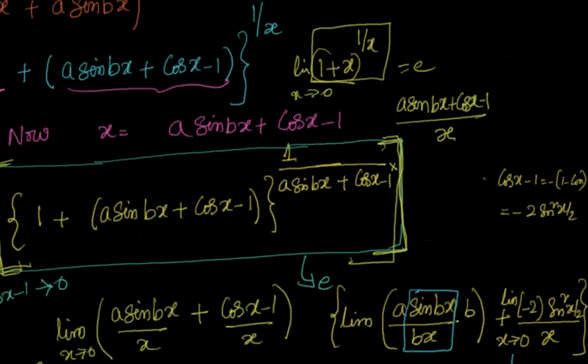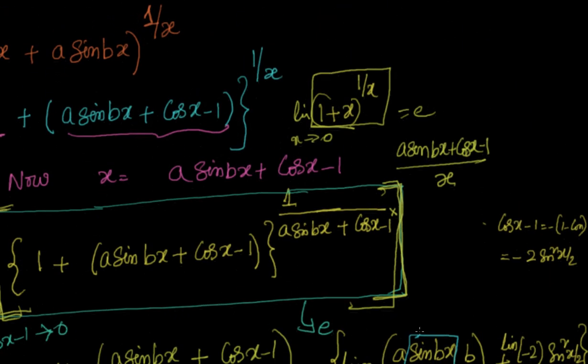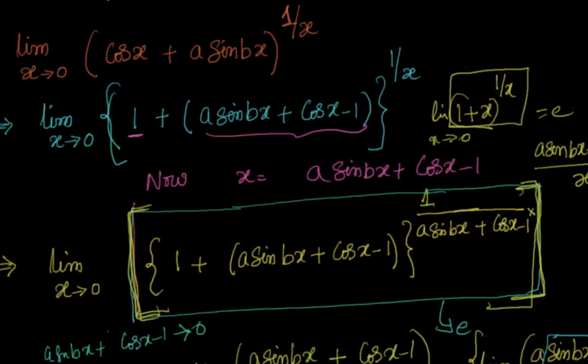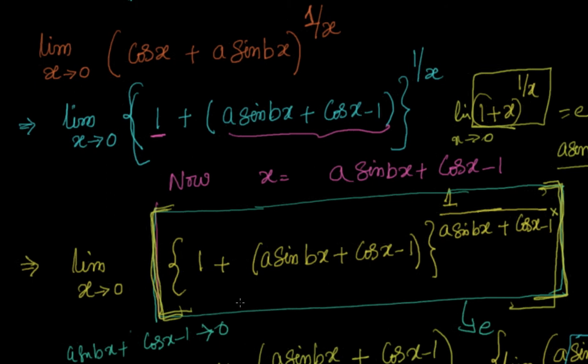Let me just summarize what we have done, so that we can go to the next one. We have been asked to find the value of limit x tends to 0 of cos x plus a sin bx whole to the power of 1 by x. Now the formula says 1 plus x whole to the power of 1 by x. First of all, I don't see 1. So I said let me add 1 and let me subtract 1.